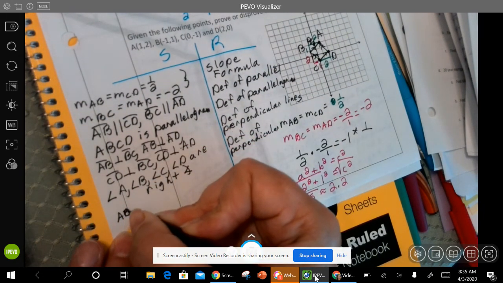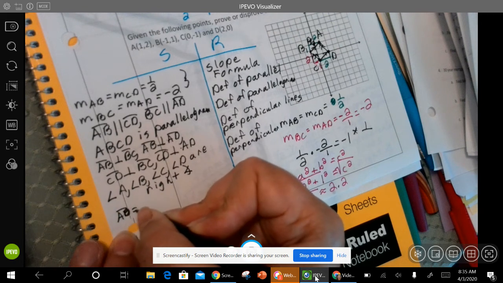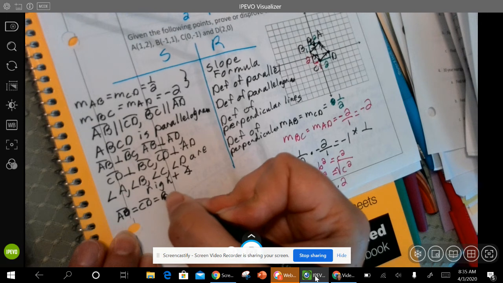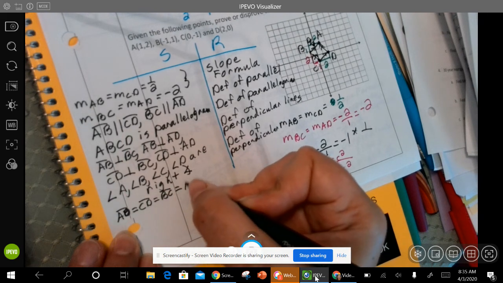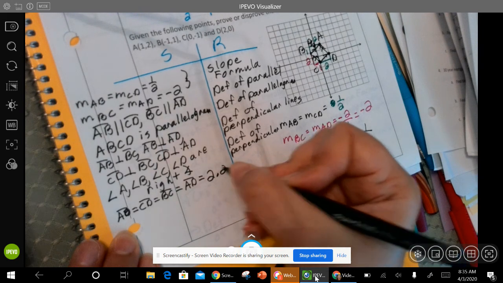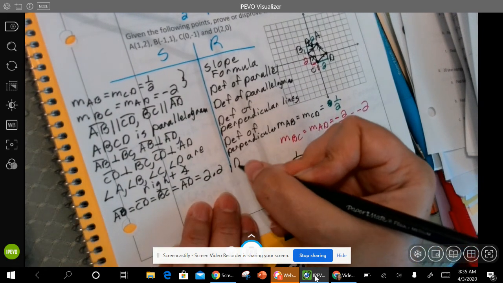So all the sides, so side AB, CD, BC, and AD are all equal to 2 2/10. Okay, and that's by our distance formula.